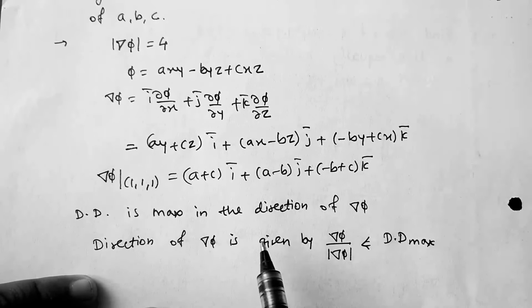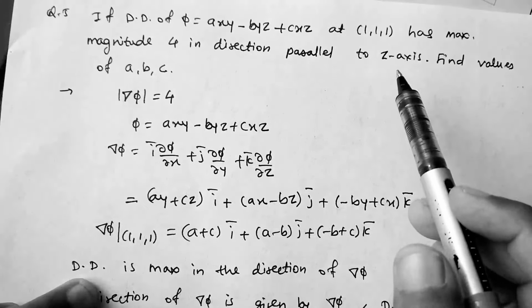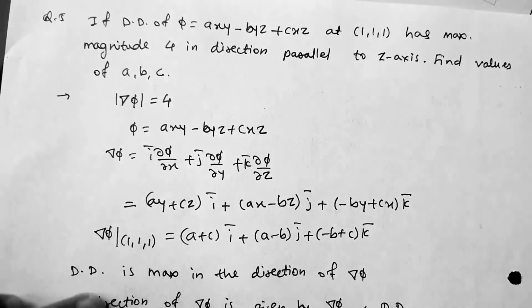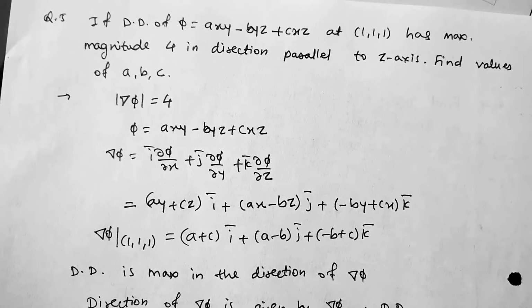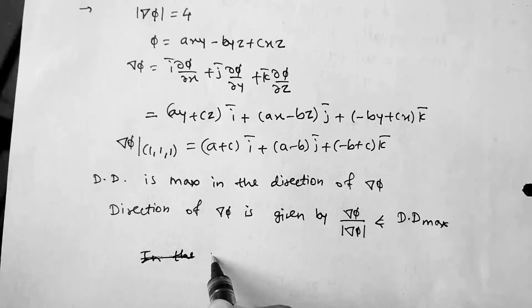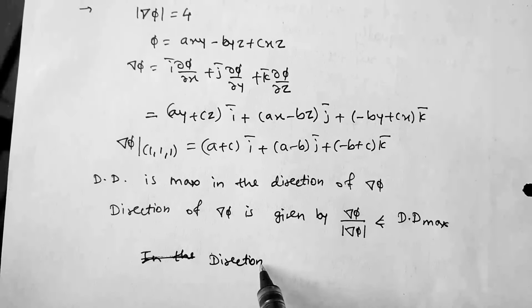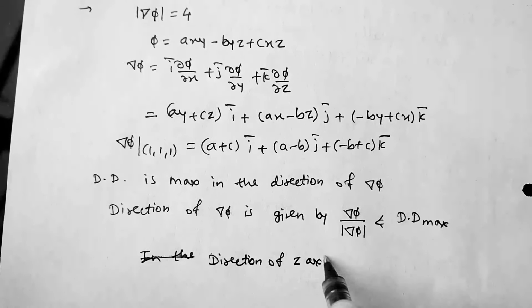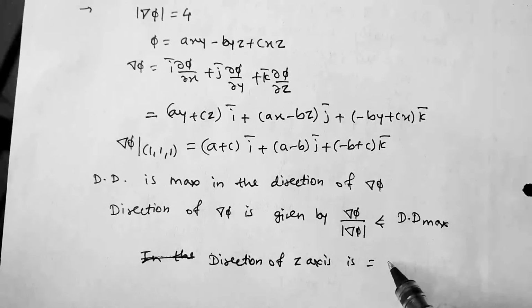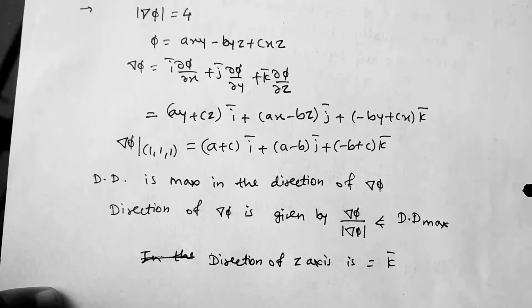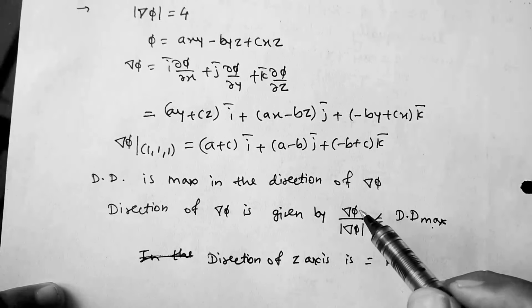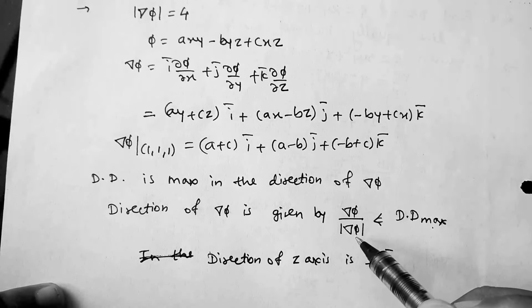It is according to the concept. But in this example, it is given that the directional derivative is maximum in the direction of the z axis. So the direction of the z axis is given by e equals k bar. Now according to the concept, the directional derivative is maximum in the direction of del phi upon mod of del phi.